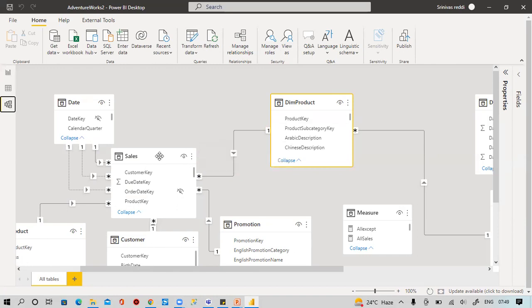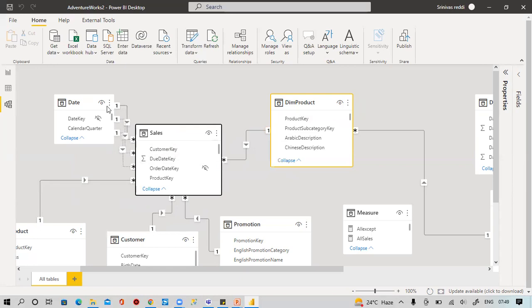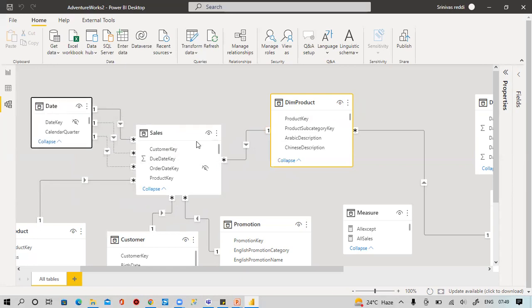I will write the equivalent SQL query and show it to you in tomorrow's session, what is happening in the backend and how it looks in the backend. Just relate your Power BI knowledge to SQL when you do modeling.